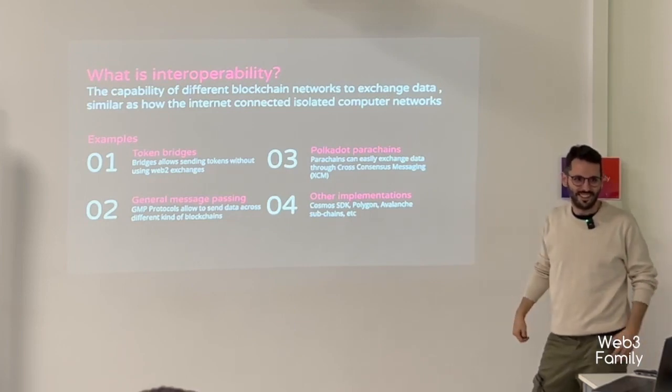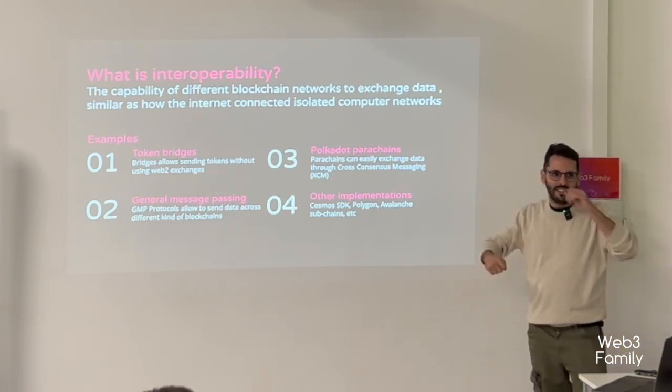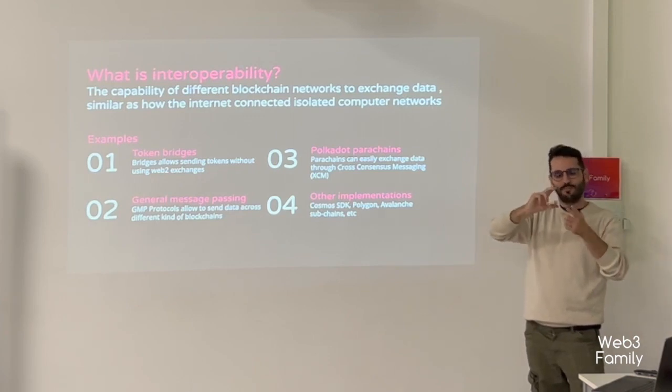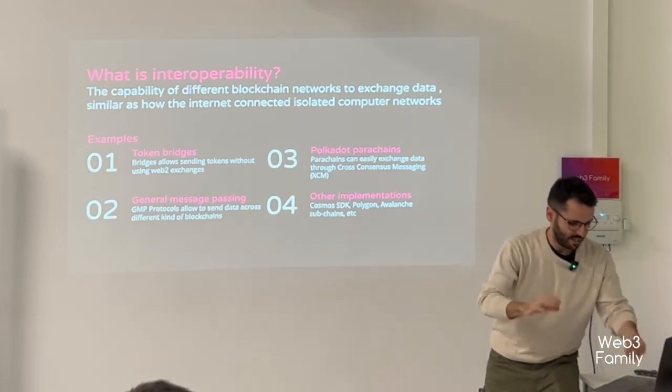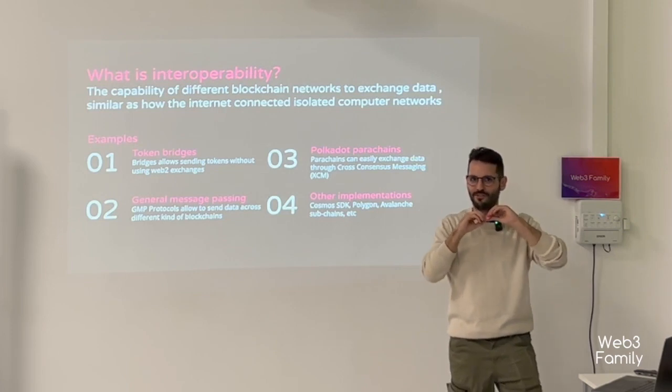The bridge gives you a copy of the token in the other chain, right? It's not the same. I mean, it's a copy, but it's more like a wrapped version. Like, okay, you have a token, and you wrap it in a Web3 family, and then you have a Web3 family Bitcoin.